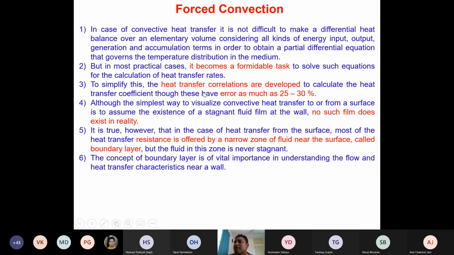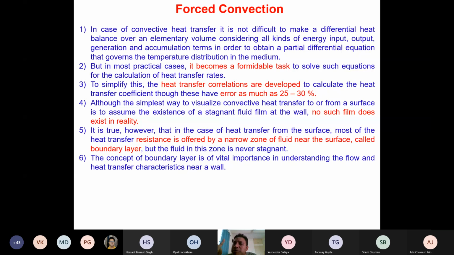Whether these correlations should have some physical significance or not, how the correlations should be, that part we will come to. But people have made different correlations, and based on these they have calculated the heat transfer coefficient, and that coefficient they have directly used in calculating the heat transfer rate.